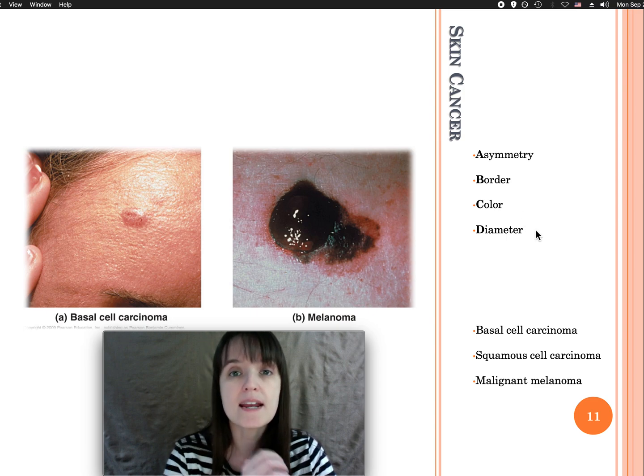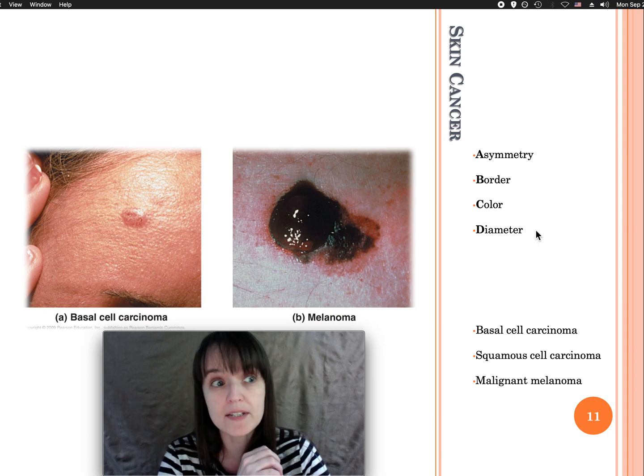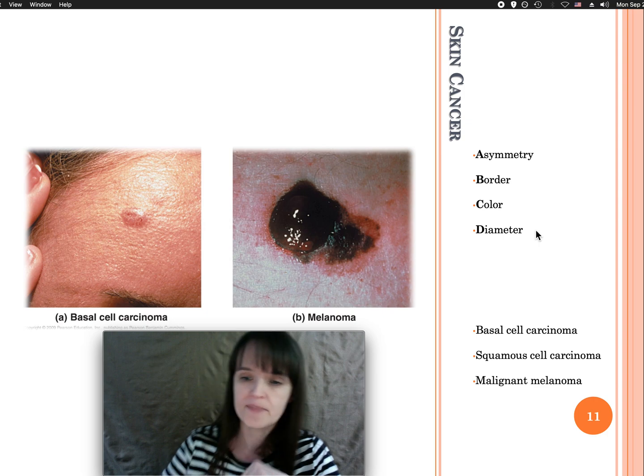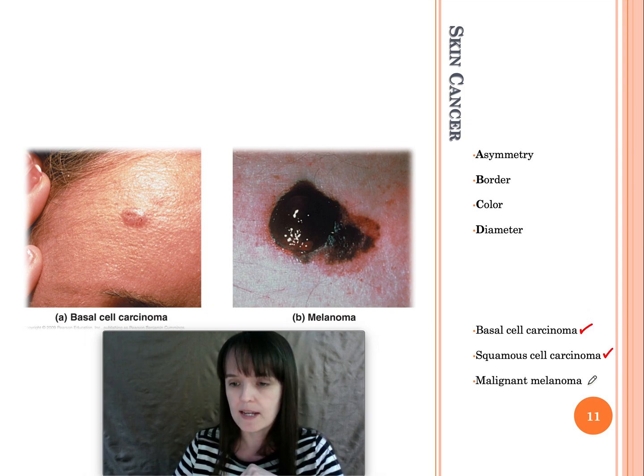And if the diameter grows or if the diameter is ever larger than the diameter of a pencil eraser, what is that, like 7 millimeters or something, then you have your doctor check it. And the E has been added since I made this slide. E is evolving. So if it changes, have your doctor check it. And then these are some of the more common cancers.